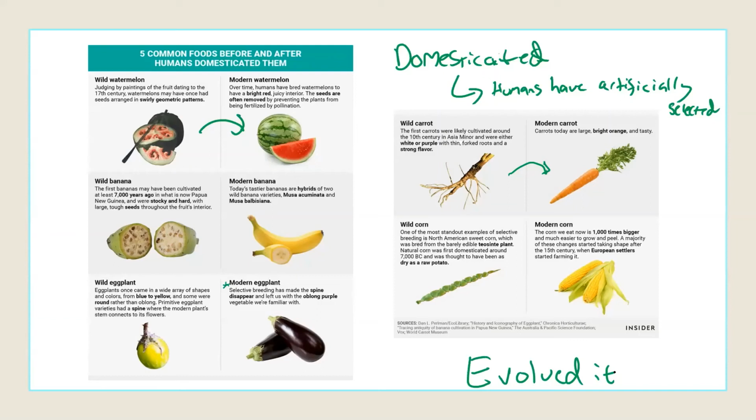Evolution is a change in the heritable traits of a species over time. So over generations, we've evolved these watermelons to change from having not much red fruit to having lots of red fruit. So we can force things to evolve.